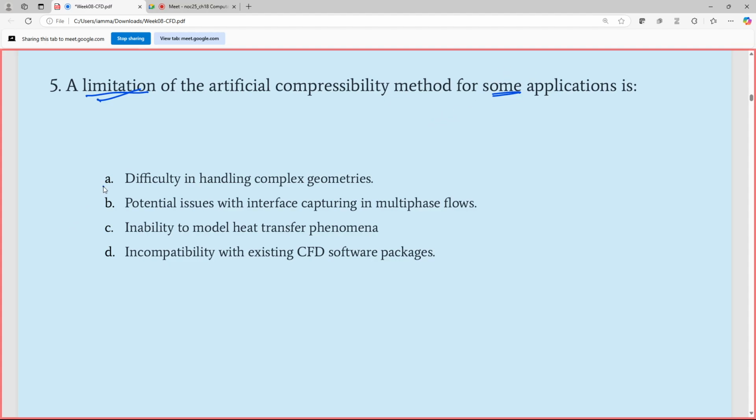Options are: option A, difficulty in handling complex geometries; option B, potential issues with interface capturing in multiphase flows; option C, inability to model heat transfer phenomena; option D, incompatibility with existing CFD software packages. Which among these is a limitation in some particular applications?